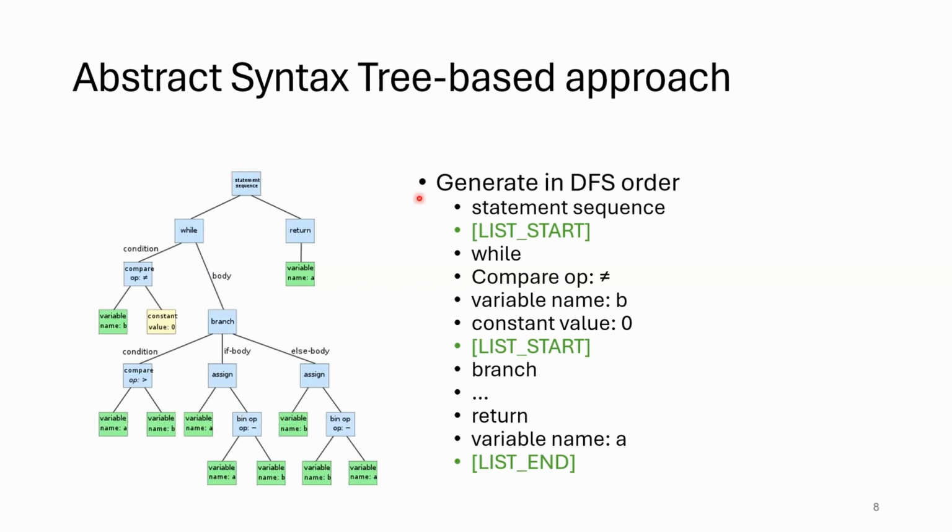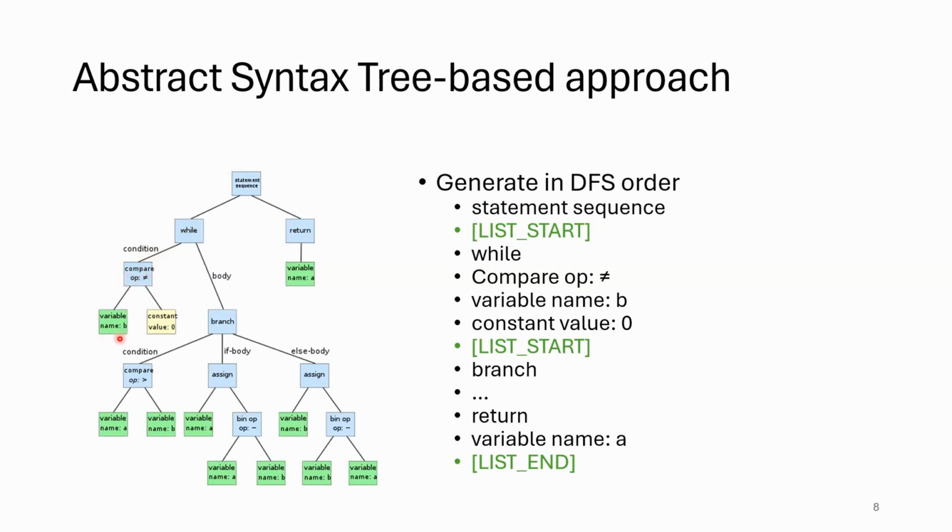we'll start off with the root node, which is statement sequence. And we know that statement sequence has a list of nodes, has a list of statements. So we just append a list start token. We go on the left branch with a while. While has a condition, which is not a list, so we don't have to append any token.